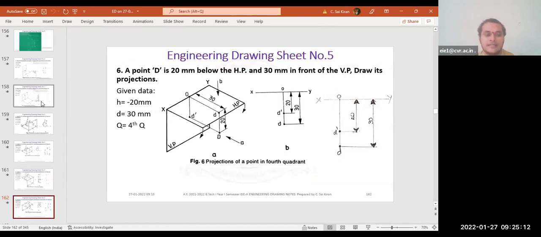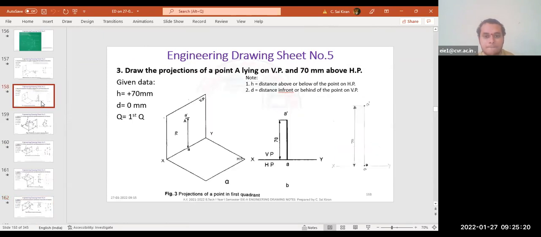So for a point lying on HP, H equals 0, and for a point lying on VP, D equals 0; you have to assume that and start. D can be either 0 or positive. If it is 0, we consider it as positive. If it is less than 0, we take it as negative. 0 is considered a positive number in the drawing.